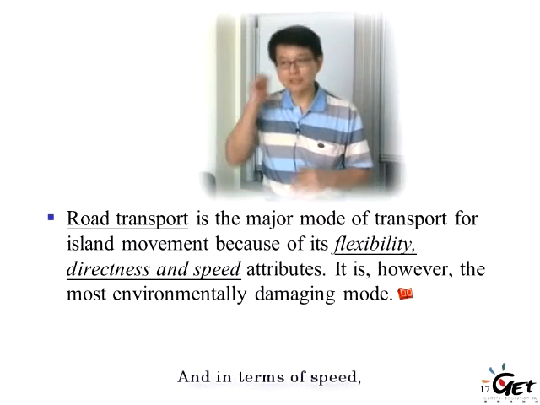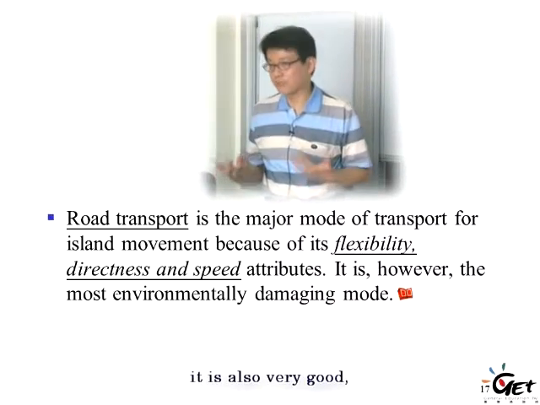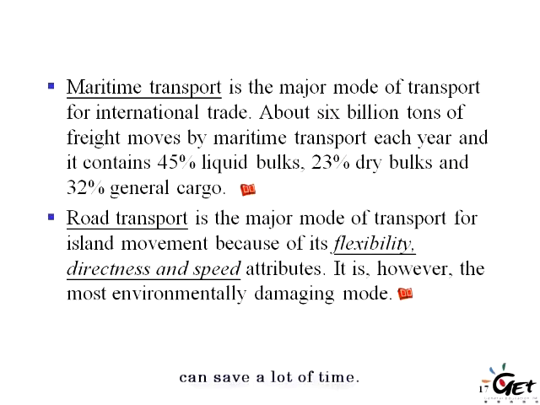And in terms of speed, it is also very good and saves a lot of time. However, this transport mode is not very good for the environment. It is not environmentally friendly because of the emissions of carbon dioxide.